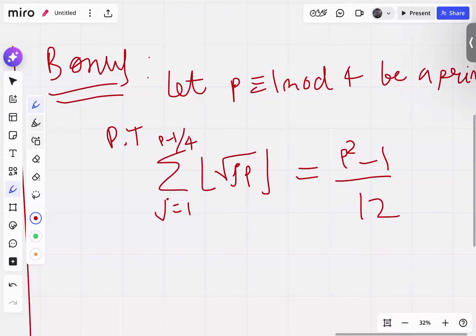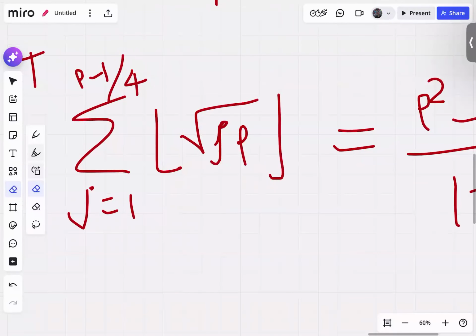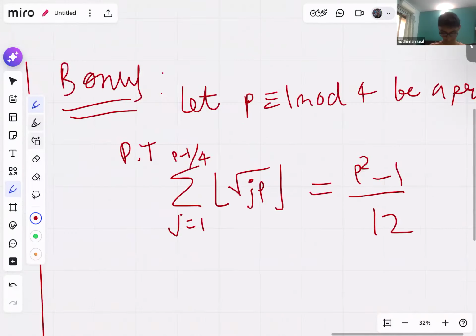Sorry, what did you write as the expression? Is that like floor of root p? Yes. Okay.